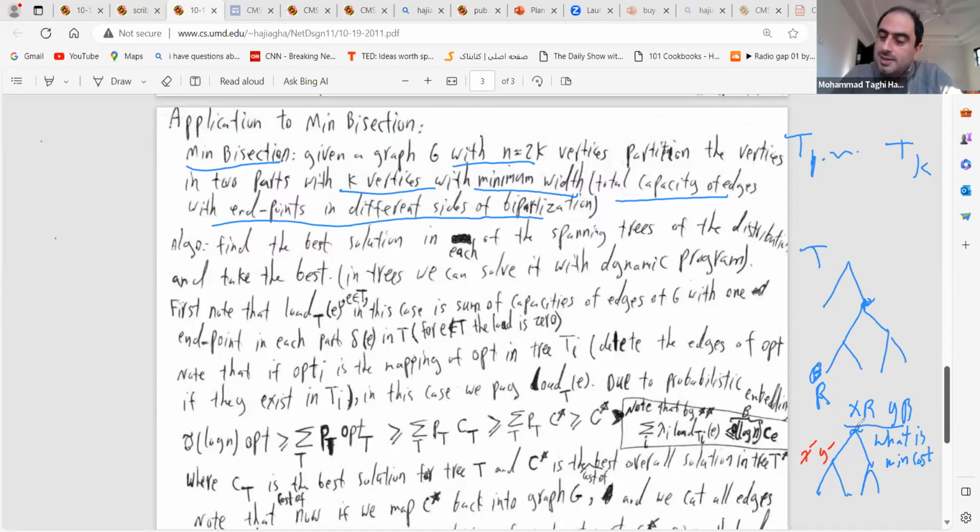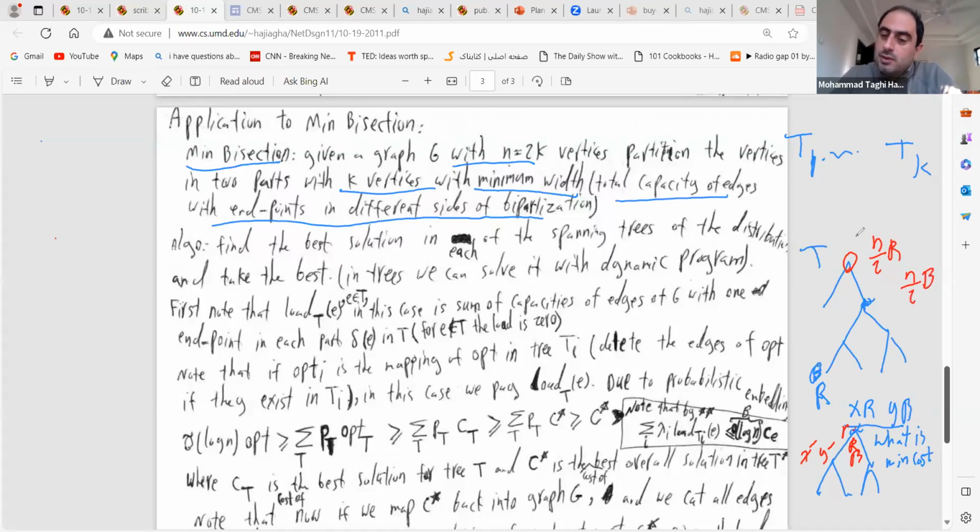And depending on whether this vertex itself, the root itself, would be red or blue, you may sum some of these capacities as well, and so you can update it. And then finally, when you compute this for the root of the tree, you just want to get n over 2 red and n over 2 blue.